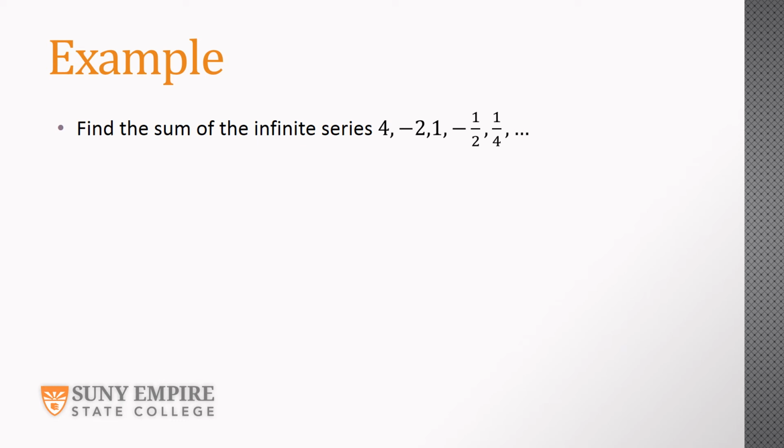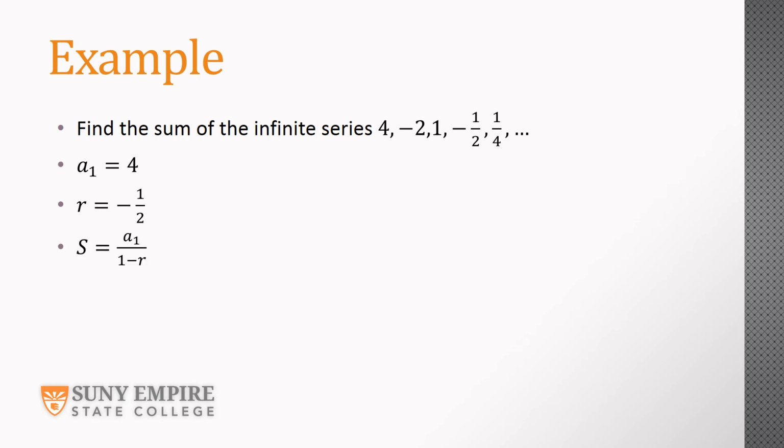For example, suppose we want to find the sum of the infinite series 4, -2, 1, -1/2, 1/4, etc. For this series, the first term is 4. The common ratio, dividing -2 by 4, equals -1/2.